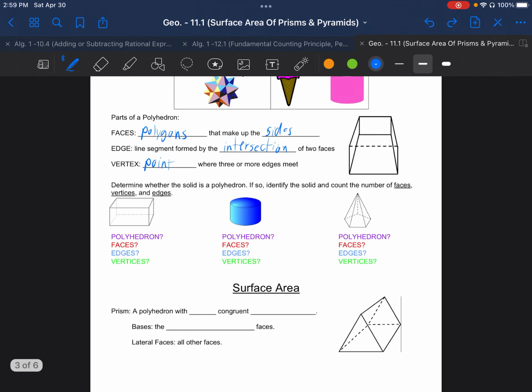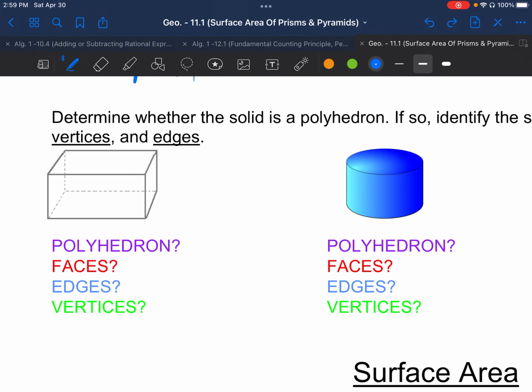So let's look at these 3 examples and say, is this a polyhedron? And if it is, what are the number of faces, edges, and vertices? So in this first one, is it a polyhedron? The answer is yes. Every side is made up of a polygon, and there are no curves or gaps at all. How many faces are there? There's 6. You see one on the front, one on the top, one on the back, one on the bottom, and on each side there's another 2.